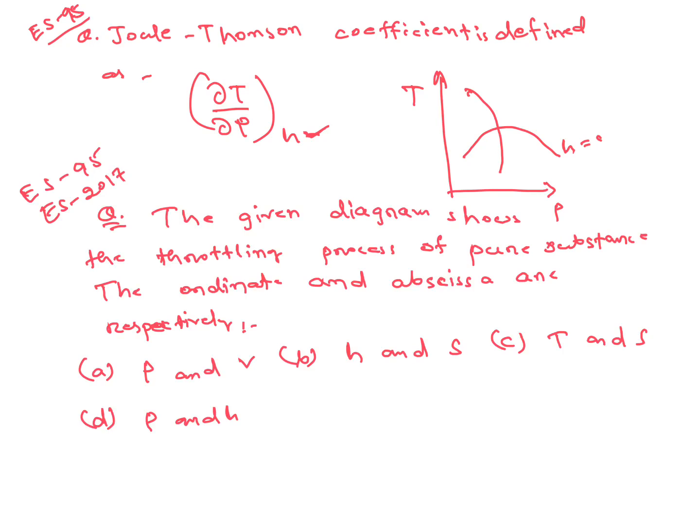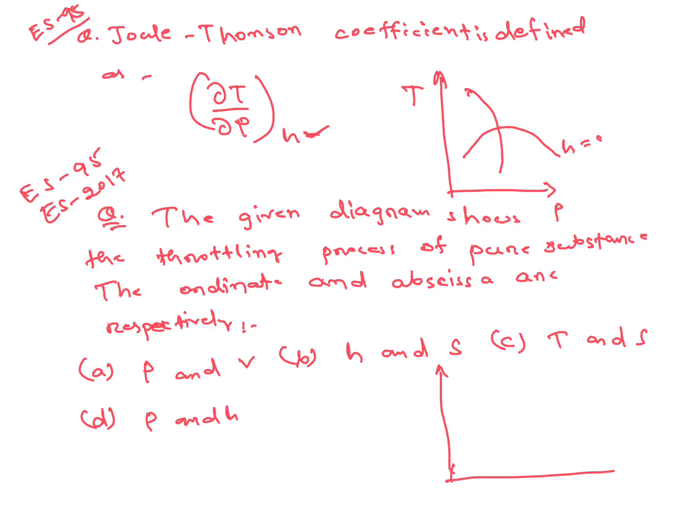The next question was asked in IES 1995 and IES 2017. The given diagram shows the throttling process of a pure substance. The ordinate and abscissa are respectively: A, P and V, pressure and volume; B, enthalpy and entropy; C, temperature and entropy; D, pressure and enthalpy. The graph was given like this.